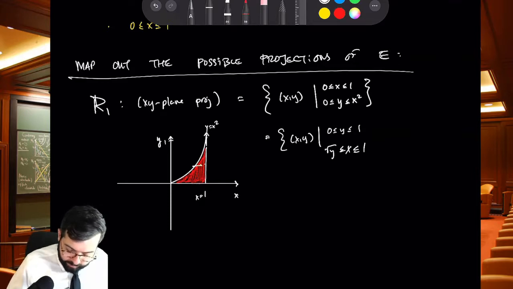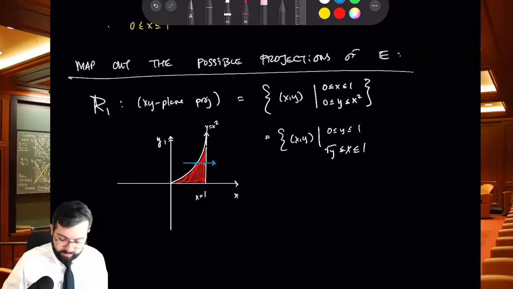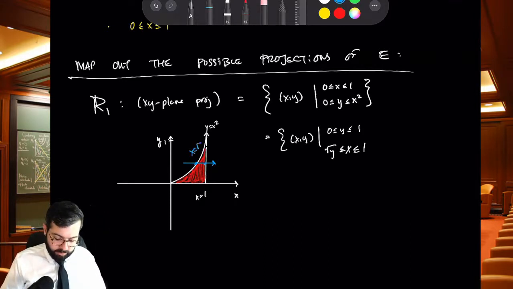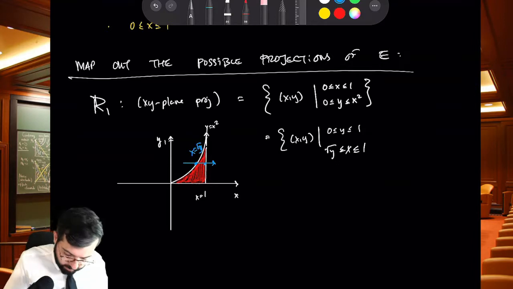All my x values, if I slice in this direction, I'm going to hit here and leave here, which is x equals square root of y. Why is this happening?